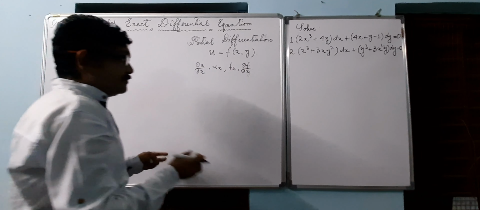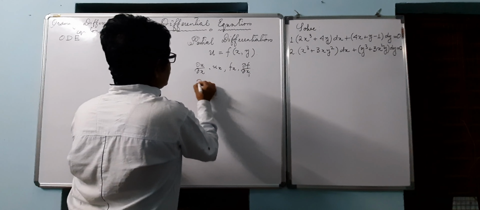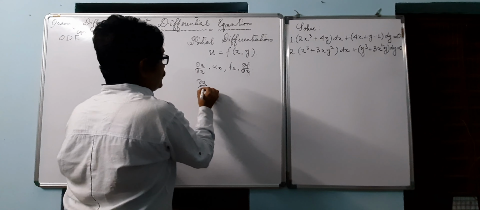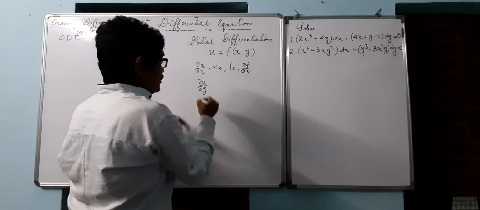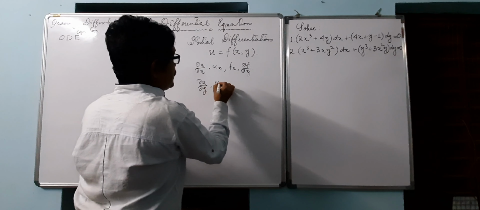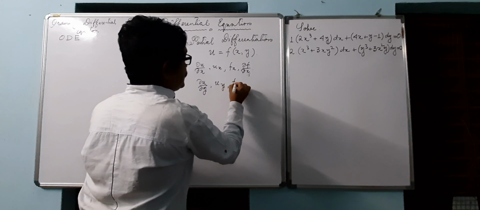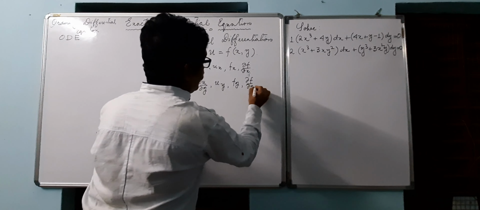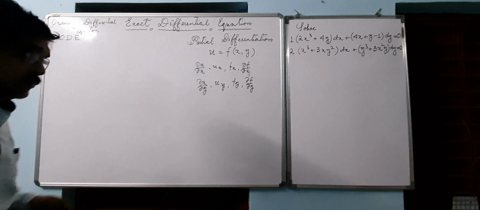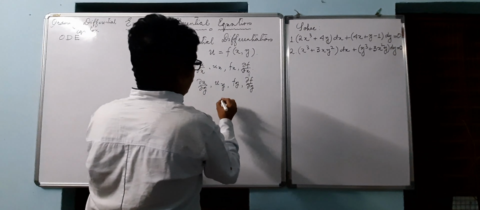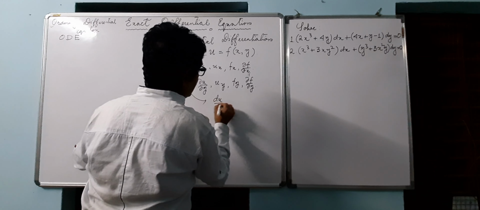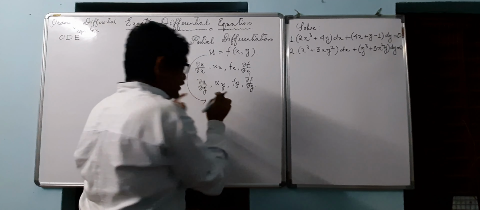Similarly, the partial differentiation of the function u with respect to y treating x as constant is usually denoted by these symbols. These are different from total differentiation. Total differentiation of u with respect to x is denoted by du dx.